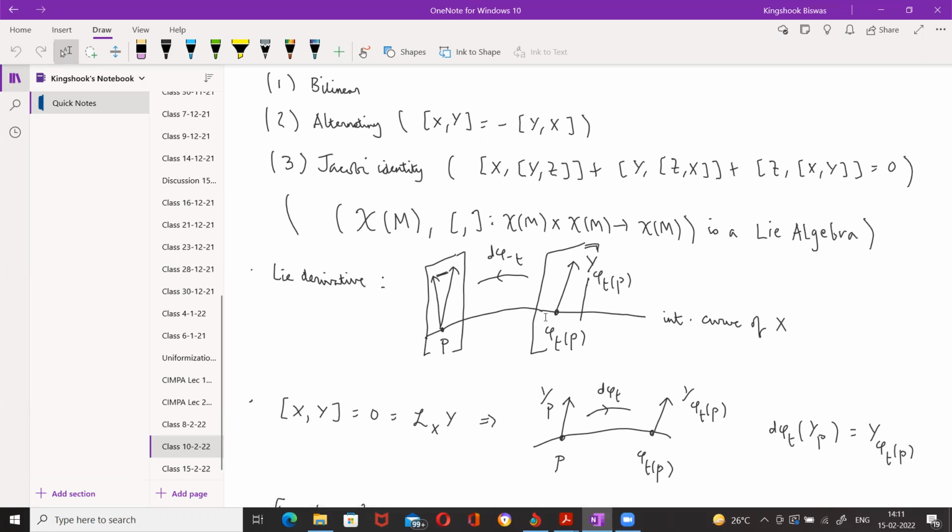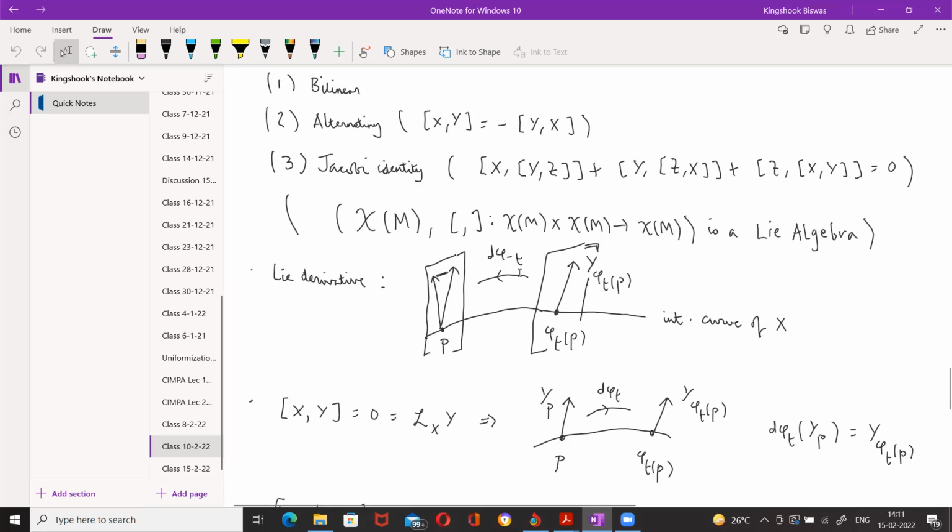But it doesn't make sense to differentiate y at phi t of P directly with respect to t, because it takes values in different vector spaces for different values of t. But what you can do is use the flow of x to identify these two tangent spaces, because the map phi minus t is a diffeomorphism of the manifold which takes phi t of P back to P. So if I apply the derivative of a diffeomorphism, that is an isomorphism between tangent spaces.